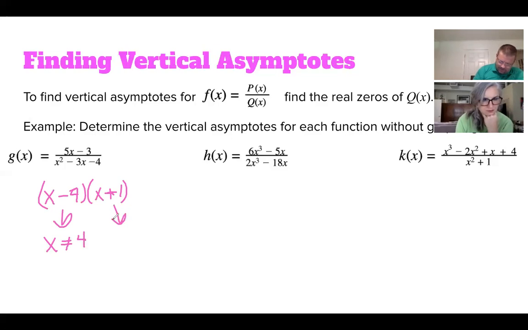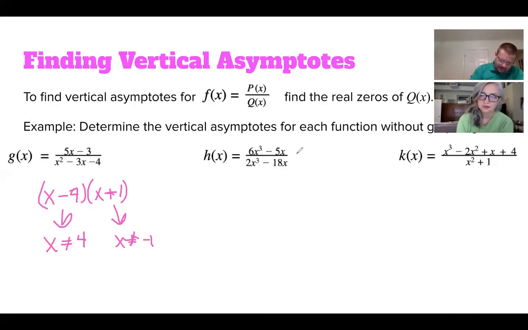And this is going to give me x cannot equal -1. Those are my asymptotes, 4 and -1. And both of them are non-removable because neither of them would divide out with 5x minus 3, making both of them vertical asymptotes.